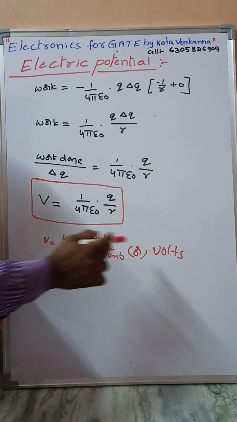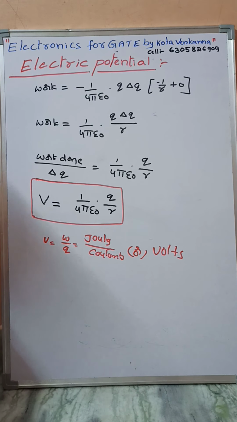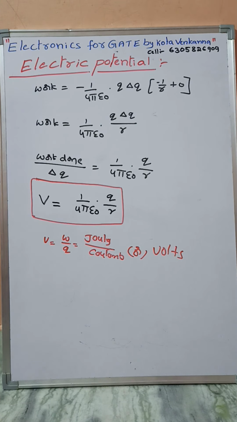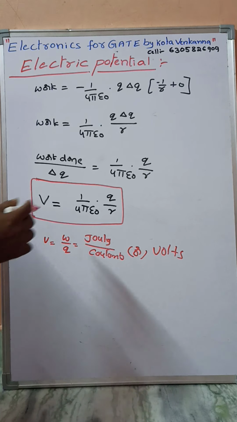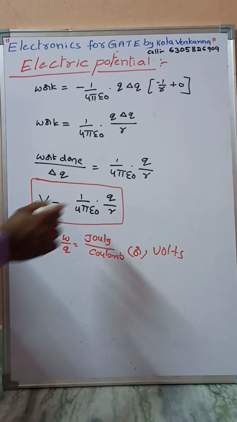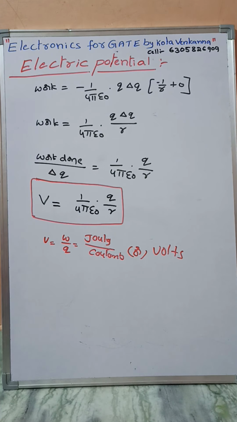So 1 volt is equal to 1 joule per coulomb. So the electric potential units are joules per coulomb or volts. This is the basic formula of potential, 1 by 4 pi epsilon naught Q by R. It is a scalar quantity.